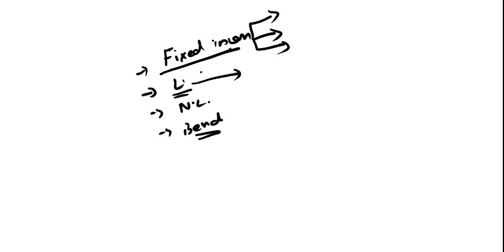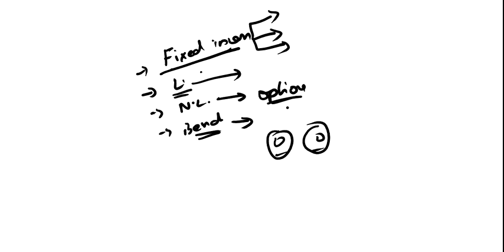Then for the linear we calculated the VAR for forwards, forward rate agreements, then interest rate swaps. In non-linear we found the value of the VAR in options. Then in benchmarking we found the tracking VAR, the difference between our benchmark VAR and our portfolio VAR.